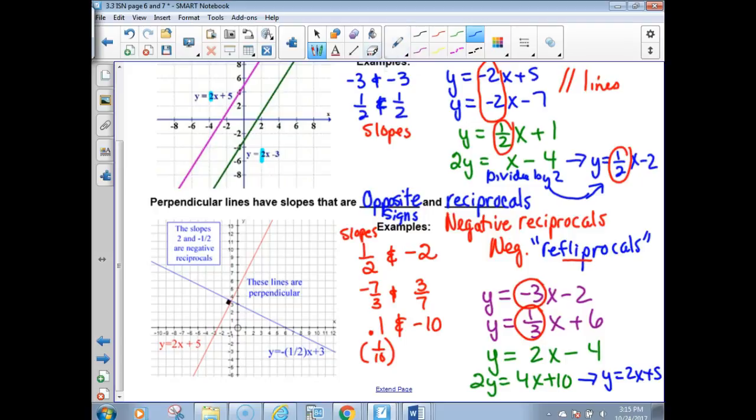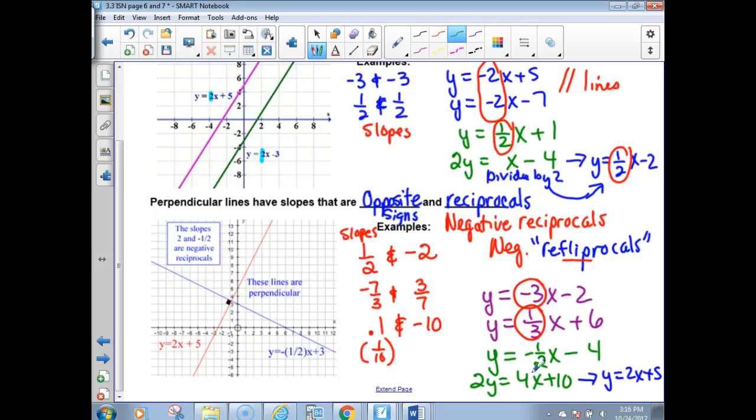Okay, so here, you know which one's going to be the easiest first to fix? I did a boo-boo. I'm going to change the first one to say 1/2, okay? And it needs to be negative. But I'm going to put a -1/2 here.